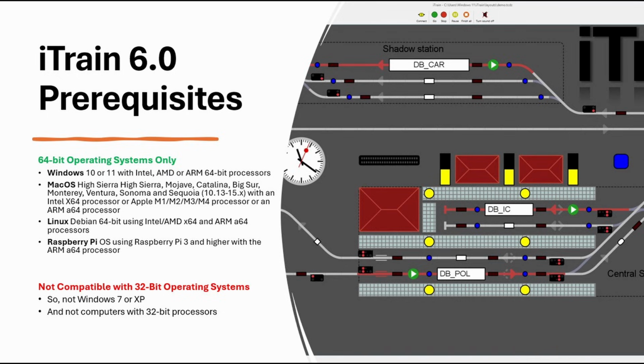If you've got a 64-bit processor but a 32-bit OS, you can either get a 64-bit OS or switch to Linux. If your processor is only 32-bit, you'll need to stick with iTrain 5.1 or find a more modern, new or used computer.